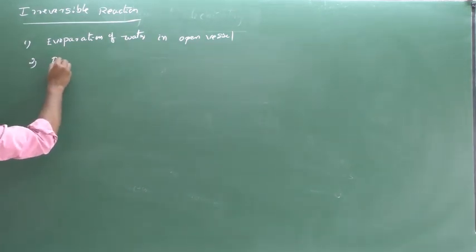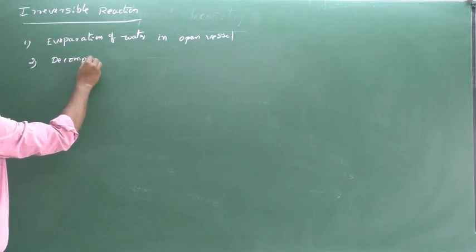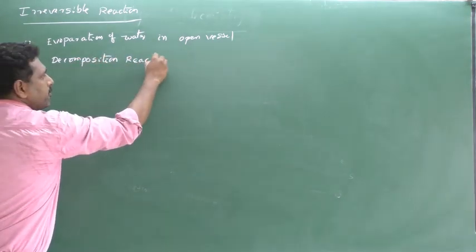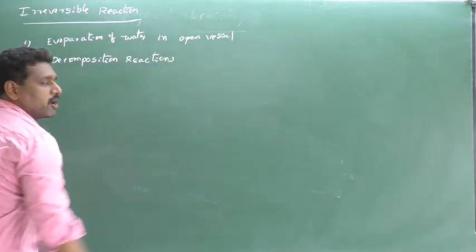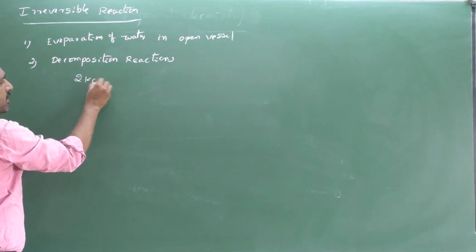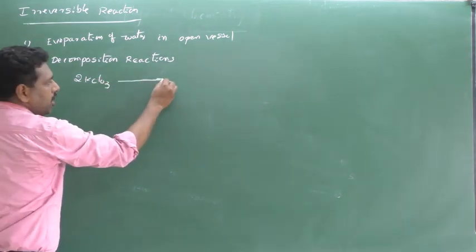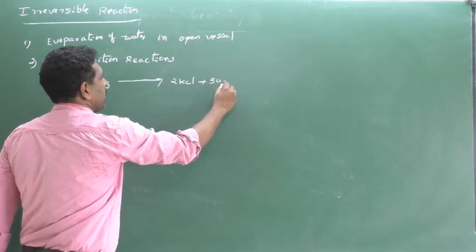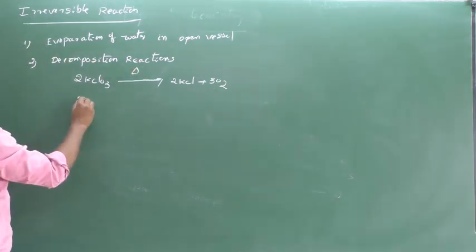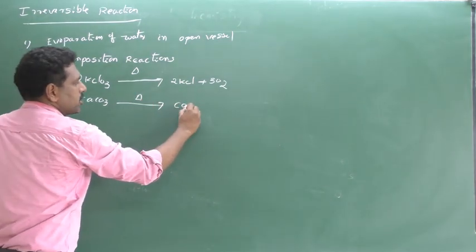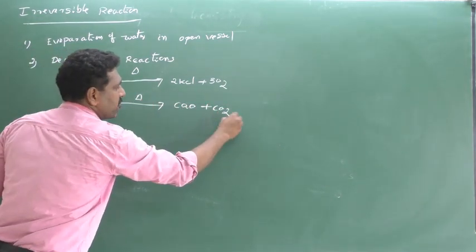Decomposition is also an example of an irreversible reaction. For example, 2 KClO3 gives 2 KCl plus 3O2, and also CaCO3 upon heating gives CaO plus CO2.